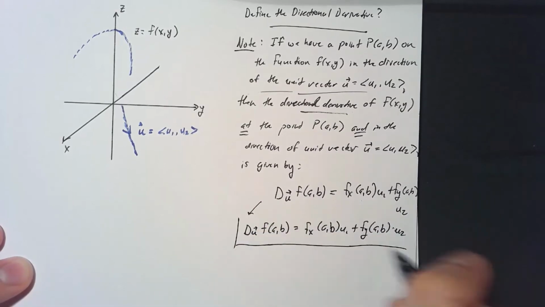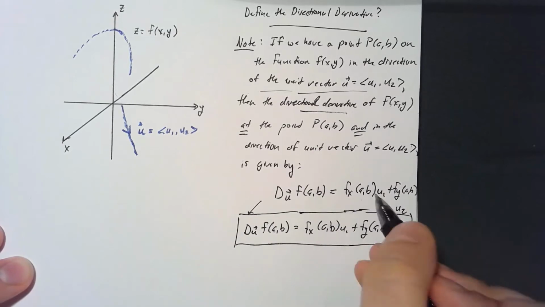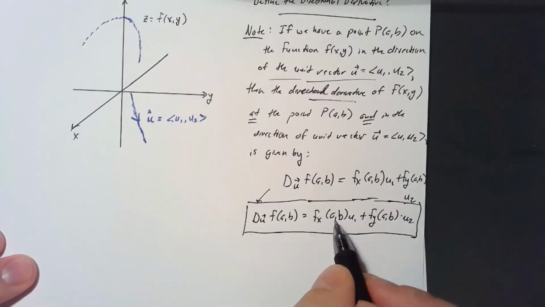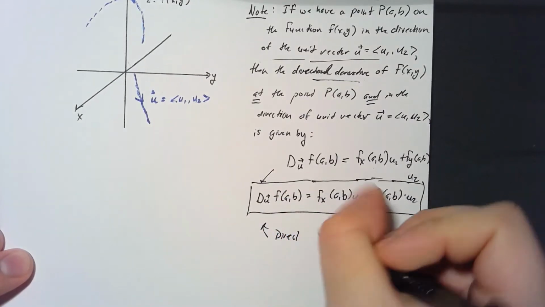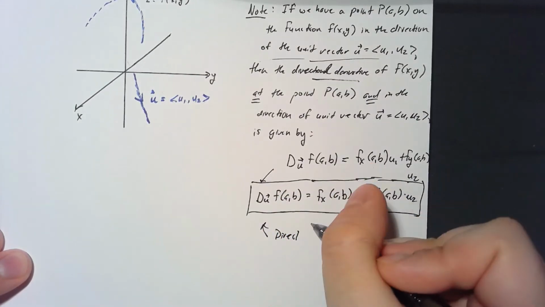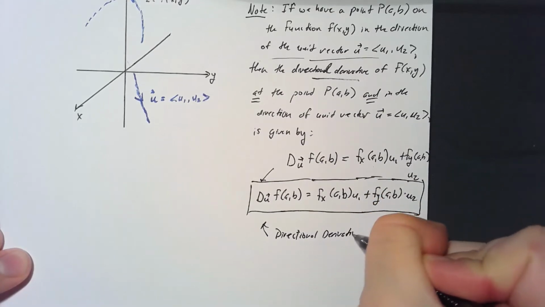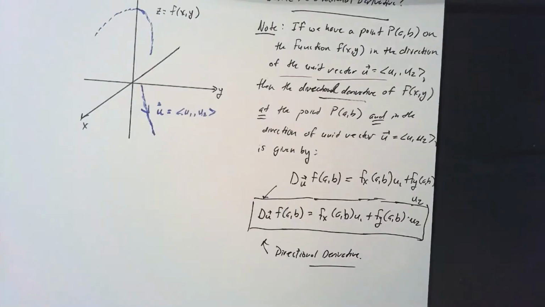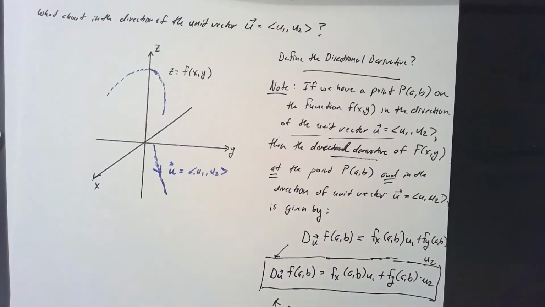That looks a little bit better. So sorry about that, guys, but this right here is the directional derivative. So, that's how you find the directional derivative of a function at a particular point in a particular direction.